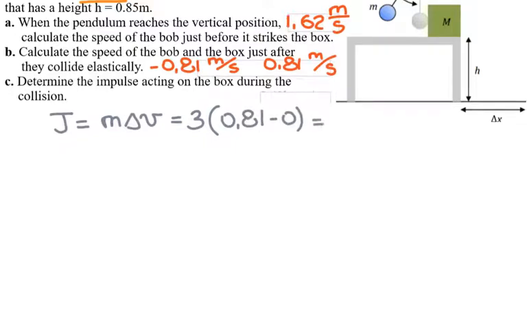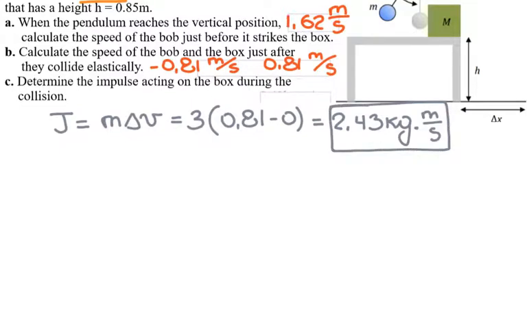That gives me 2.43 kilogram meters per second, or newton seconds. So that is the answer for C, the impulse.